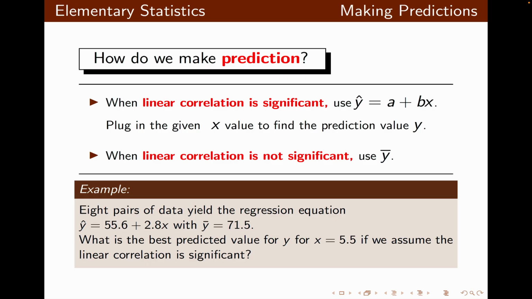8 pairs of data yield the regression equation y equals 55.6 plus 2.8x with y bar of 71.5. What's the best predicted value for y when x is 5.5 if we assume the linear correlation is significant?